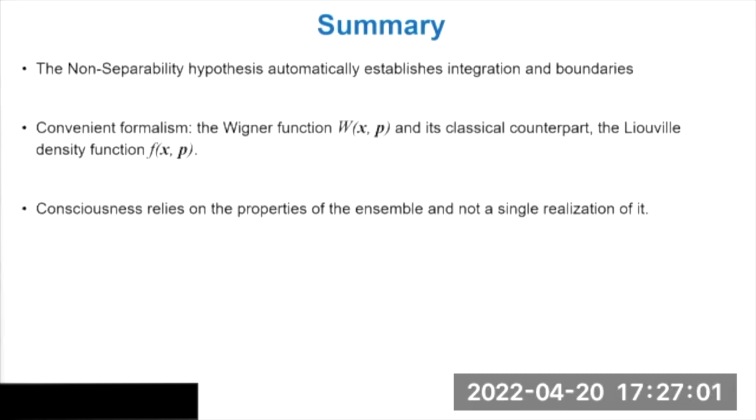And if that's true, then consciousness is really a property of the ensemble and not a single realization of it. Or another way to look at it is maybe it's not so much the ensemble that is important, but rather the nature of the interactions, right? So you don't look at a single realization of the system, but you look at the whole Hamiltonian, for example. That could be another solution to this conundrum.